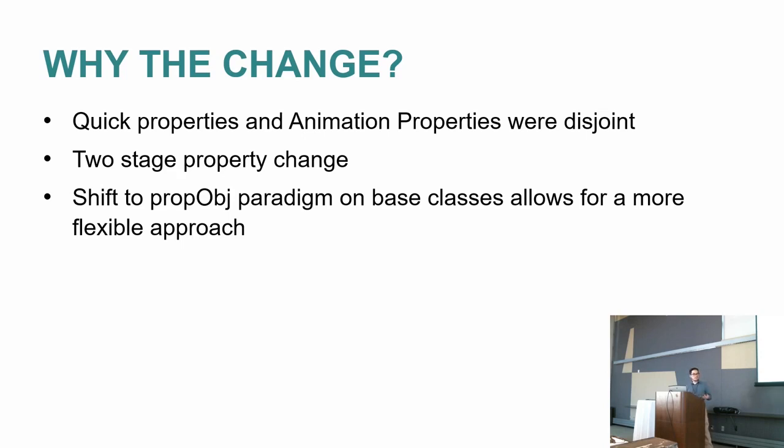So the kind of out of sync thing doesn't exactly exist anymore. And because of the vehicle of prop objects and the shift to that paradigm, we've kind of now expanded it into properties as well.